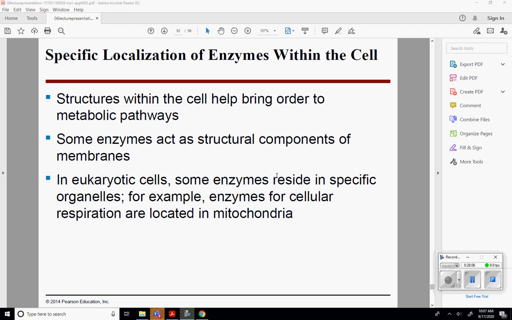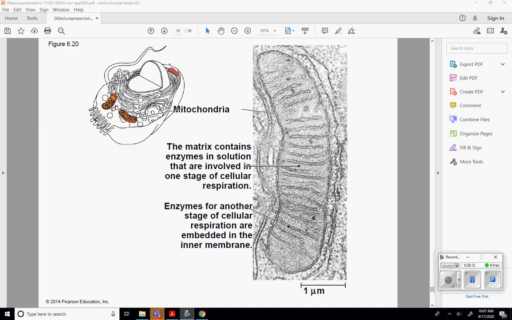In eukaryotic cells, some enzymes reside in specific organelles. For example, enzymes for cellular respiration are located in the mitochondria. They're in specific spots so that a whole metabolic pathway can form. We'll talk more about those when we talk about cells later.